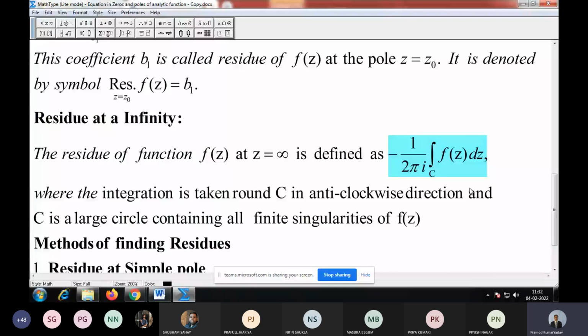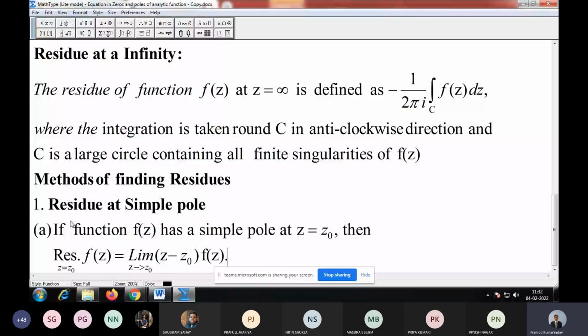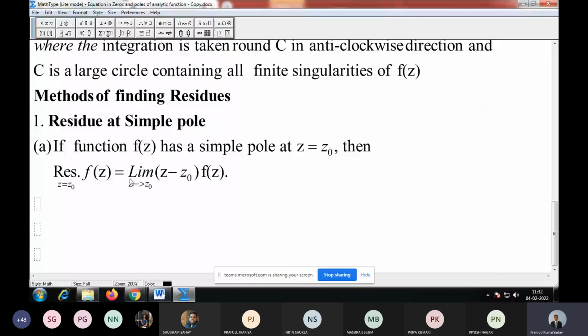Now there are a few methods to find the residues. First is the residue at a simple pole. If a function f(z) has a simple pole at z equals z0, then the residue of f(z) at z equals z0 will be the limit as z tends to z0 of (z minus z0) times f(z).